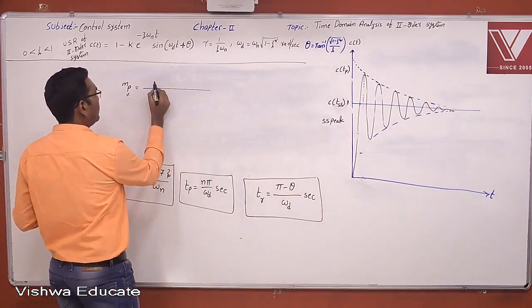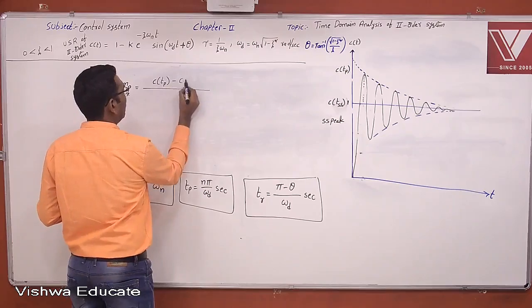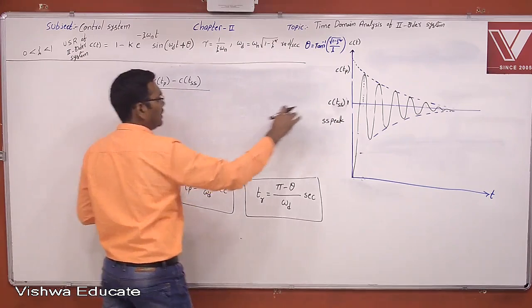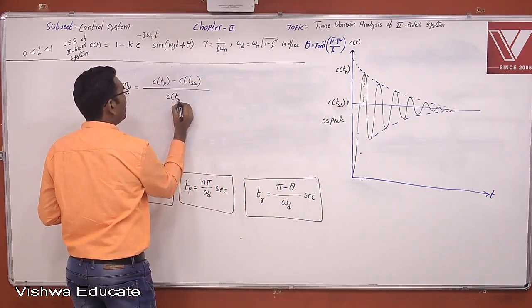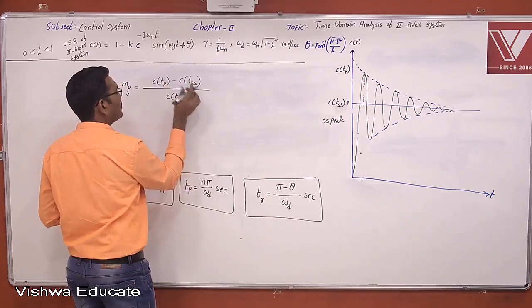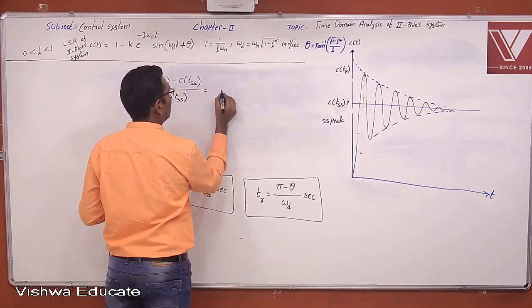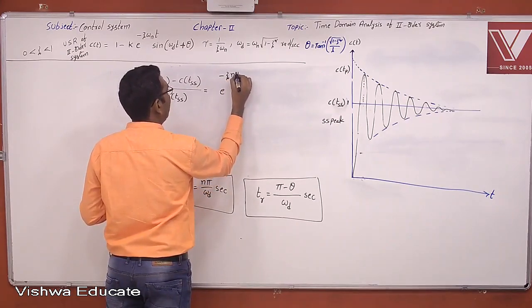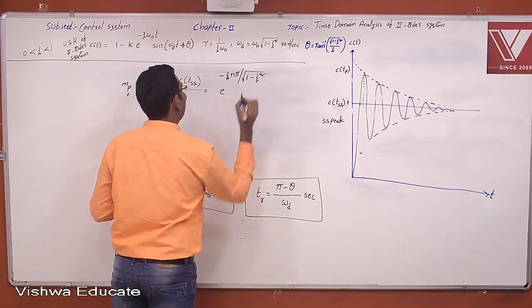But he mentioned one word: normalizing with respect to steady state value. The normalized difference between time response peak and steady state peak is called peak overshoot, which is nothing but e power minus zeta pi by square root of 1 minus zeta square.